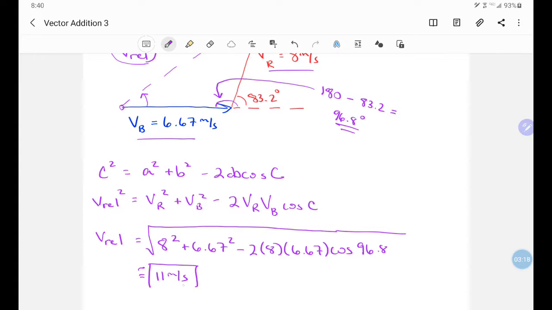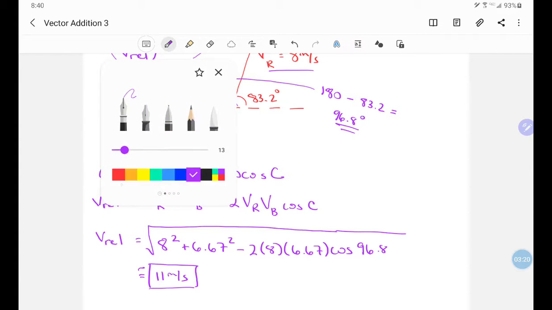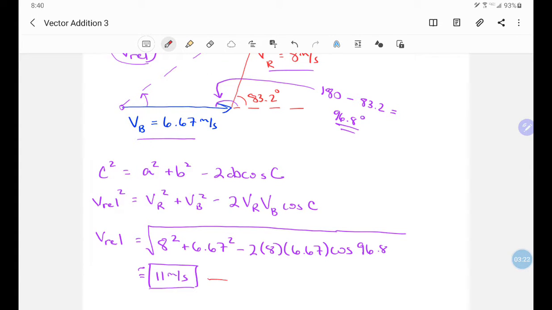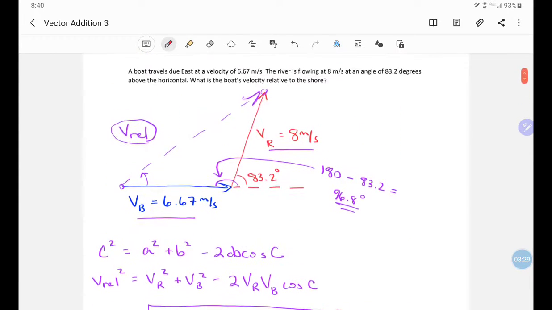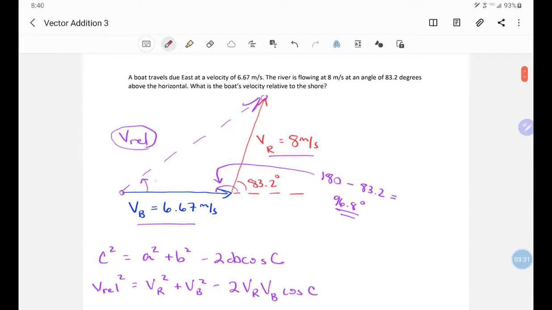So this is the magnitude. Now, the direction is given by this angle here. In order to get that angle, guys, we now know relative velocity is 11.